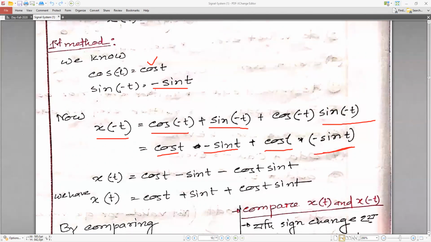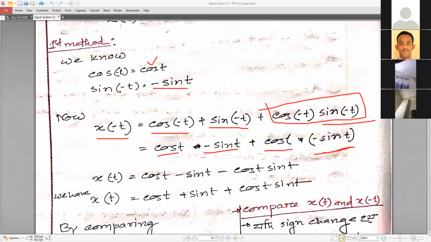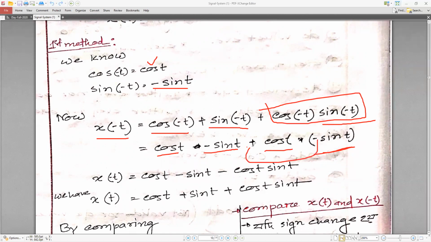It is multiplication according to the equation. So x of minus t will be cos t minus sin t minus cos t sin t.